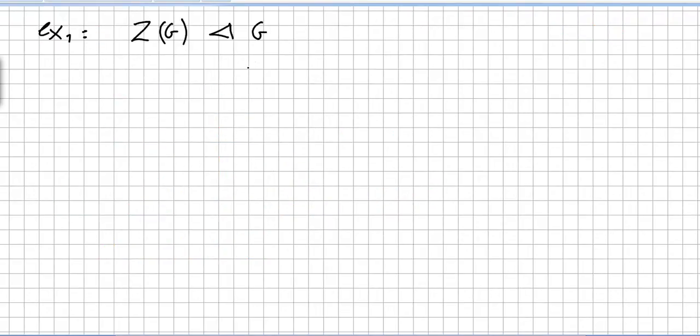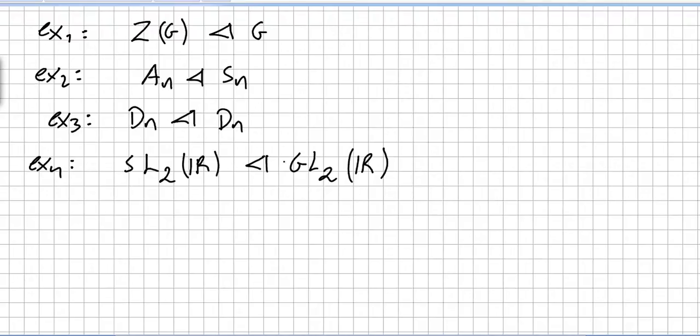Okay, first example. The center of a group is always a normal subgroup of G. Very easy to prove this. Some other examples: the center of a group is always normal in G. The alternating group A_n, the even permutations, is always a normal subgroup of the symmetric group of the same order, of course.